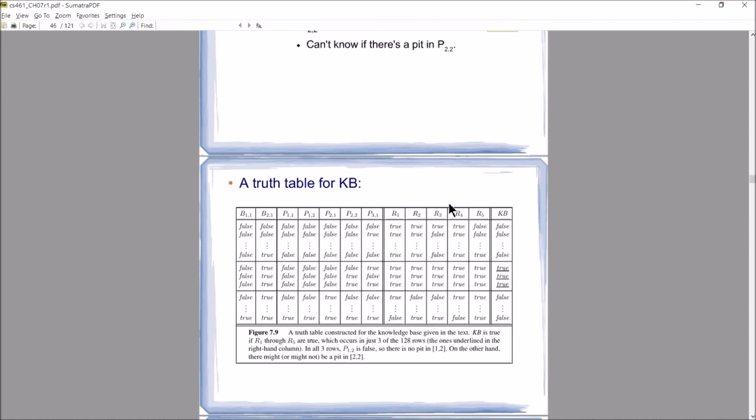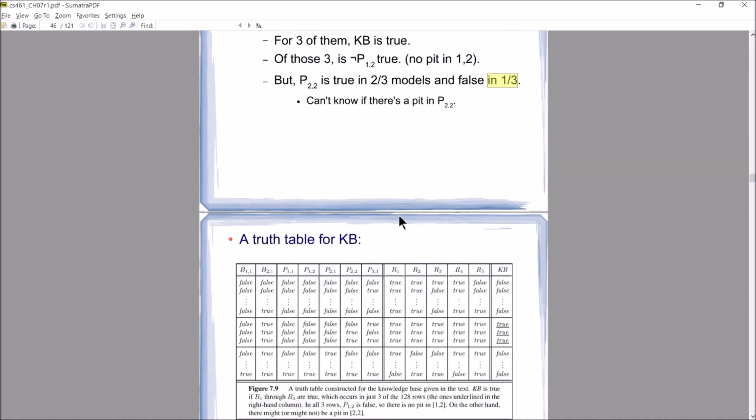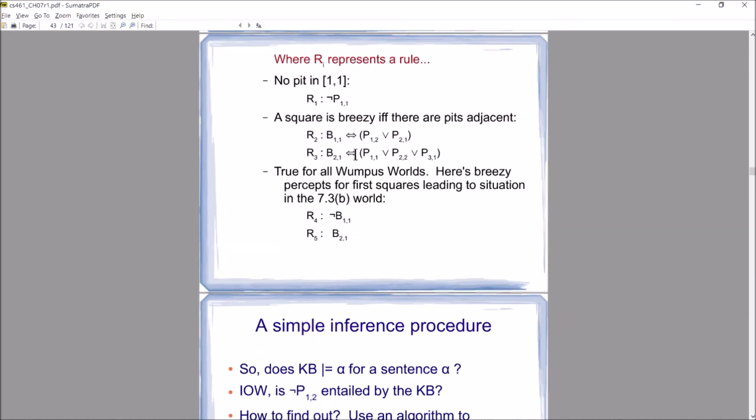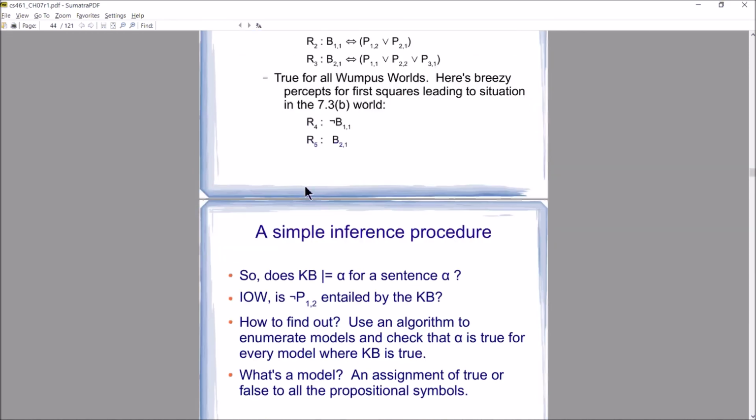Okay, so here's what the truth table looks like for that scenario. There are the 2 squares that you're interested in that you've detected breezes in. Now you want to find out where the pits are adjacent, and then R1 here, and R2, R3, R4, R5, that just corresponds to these rows up here that we set up.